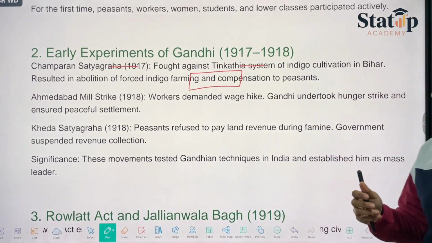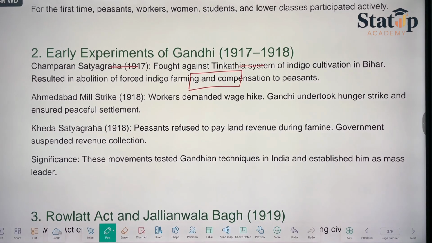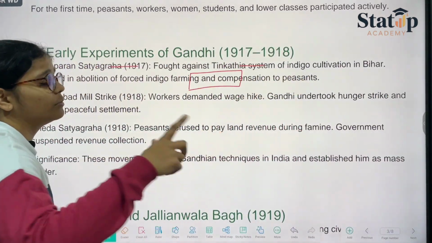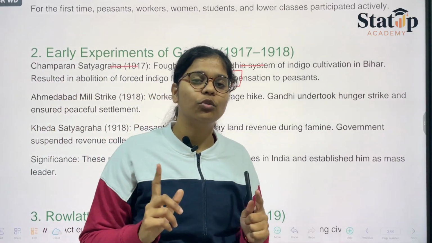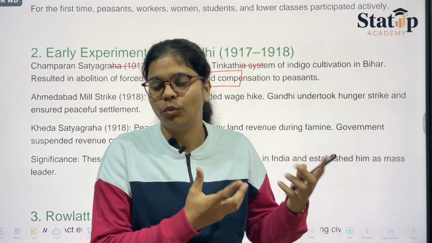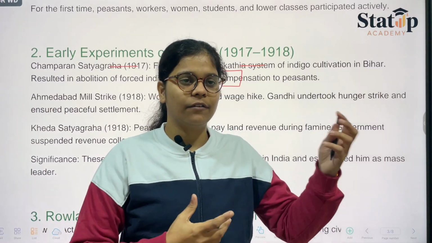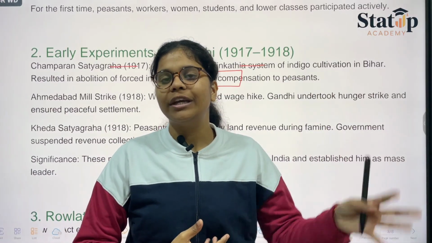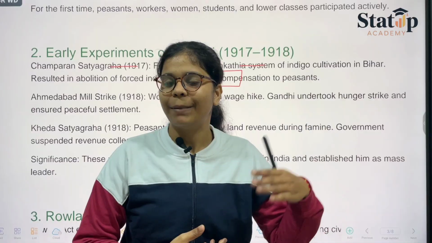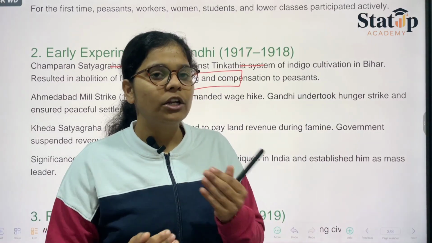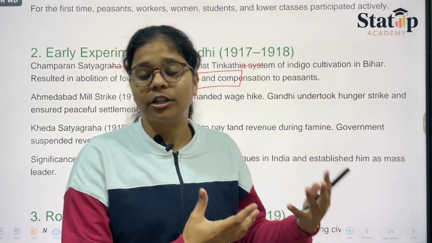So starting with Champaran Satyagraha, they actually fought against the Tinkathia system of indigo cultivation. In the previous lecture, I told what indigo cultivation required and how it was proceeding. If people are growing indigo back to back for years, that means there would be heavy loss of fertility in the soil.